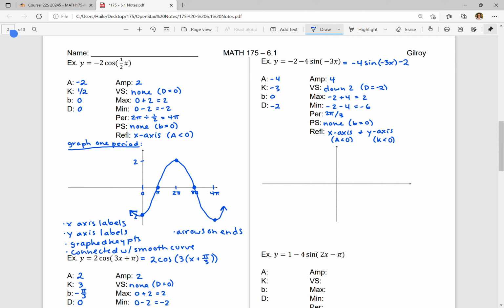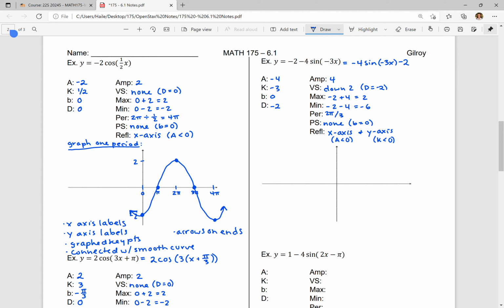However, if you remember on the first page of the notes, when we talked about reflections, we said that there are some special rules with sine and cosine. So sine was an odd function, which made its 2 reflections the same thing. So whether we reflect over the x or the y-axis, it makes the graph look the same.